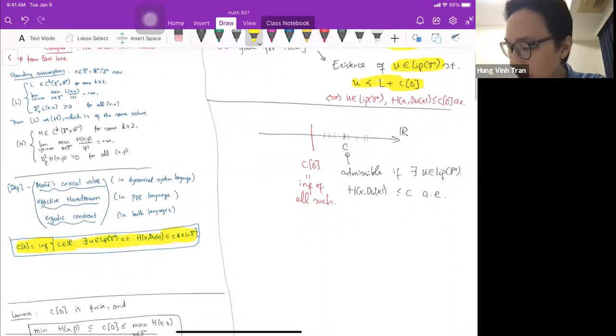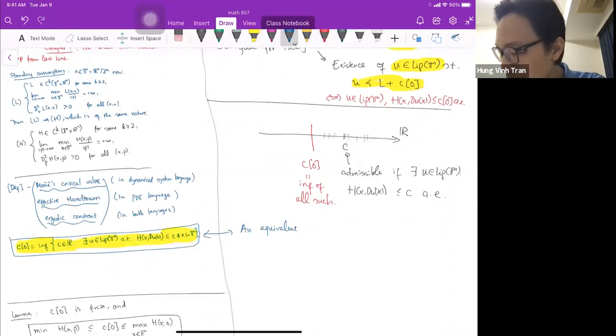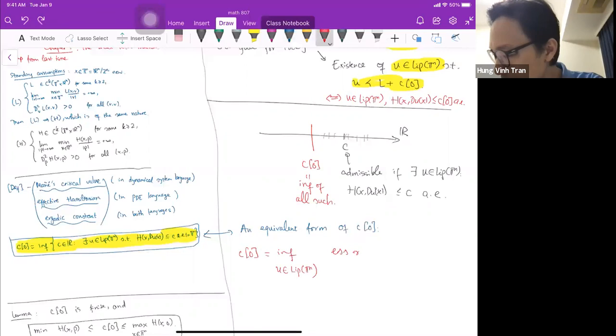So in fact, based on this definition, you can write down an equivalent form of C naught as follows. You can put C naught to be the infimum over all possible functions U in Lipschitz of the torus, of the essential supremum over x in the torus of H of x, Dux.